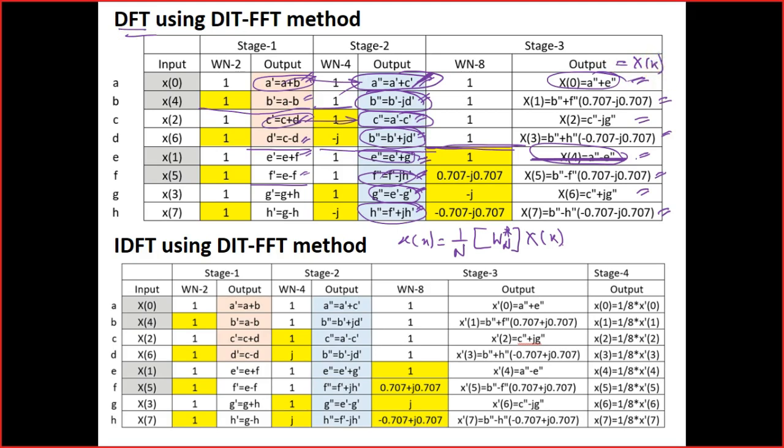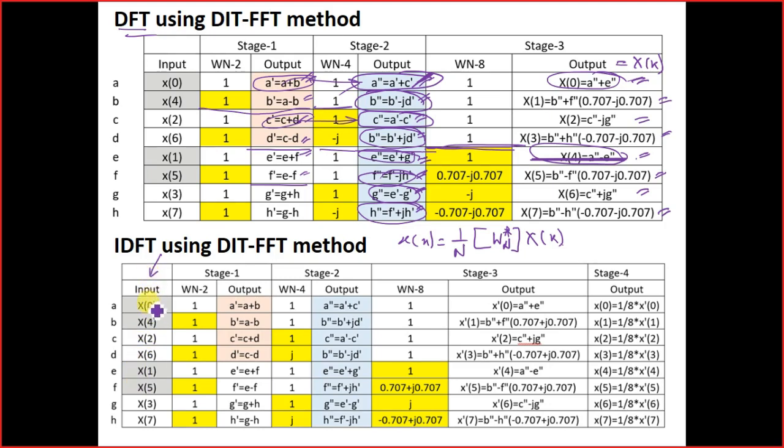Now if I ask you to perform IDFT using the DIT FFT, you have to use the same chart, but there is a small catch. The input would be in the decimated order. Please remember this. The input would be in the decimated order, right?